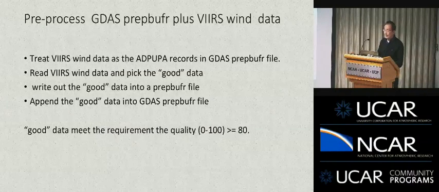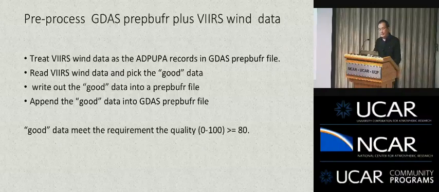The basic thing we need to do to get the wind data into our data assimilation is to treat the VIIRS wind data as the ADPUPA record in the GDAS PrepBUFR file. So we read the VIIRS wind data and pick the good data.